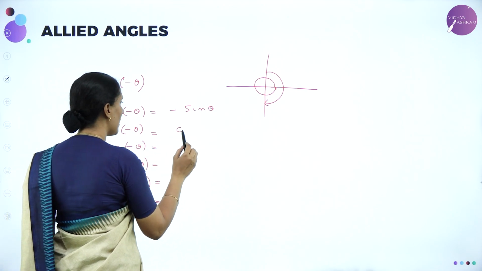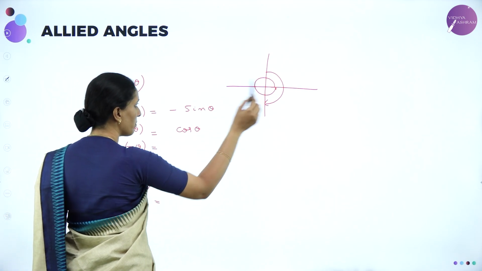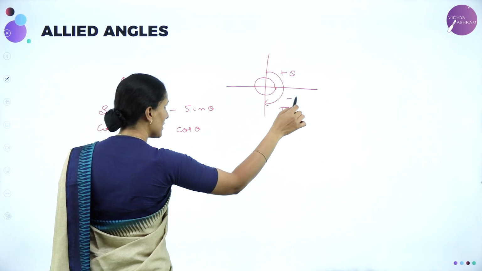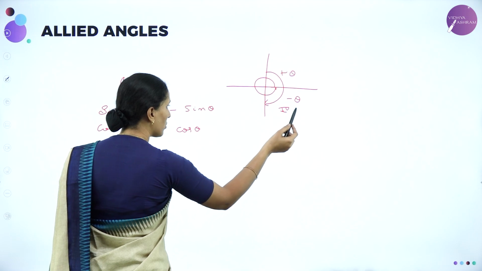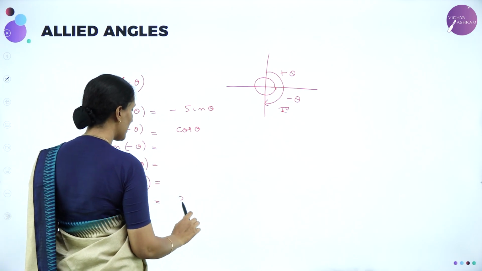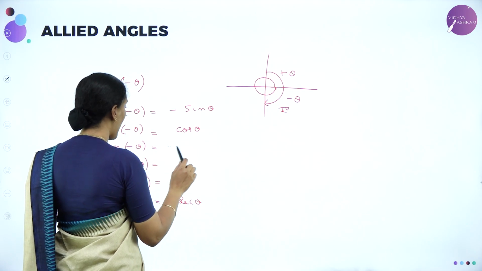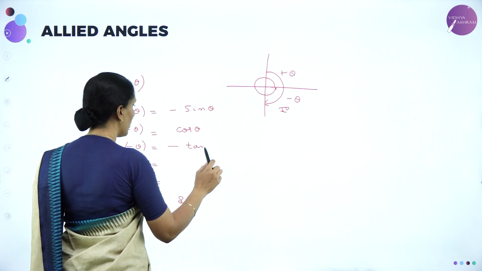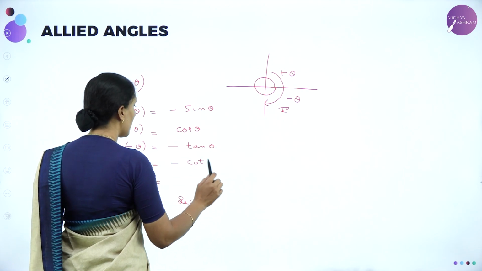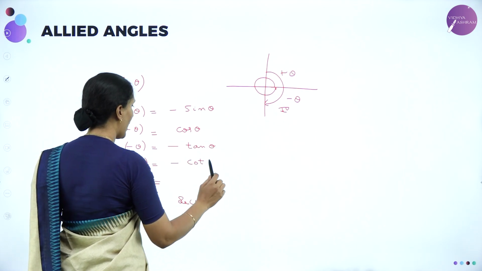So sine of minus theta is considered as minus sine theta. Cos of minus theta remains the same. It will never change because it comes in the fourth quadrant. If this is plus theta, then minus theta comes here. In the fourth quadrant, cos and secant are positive, so they remain the same, whereas the other functions become negative. Tan of minus theta is minus tan theta.